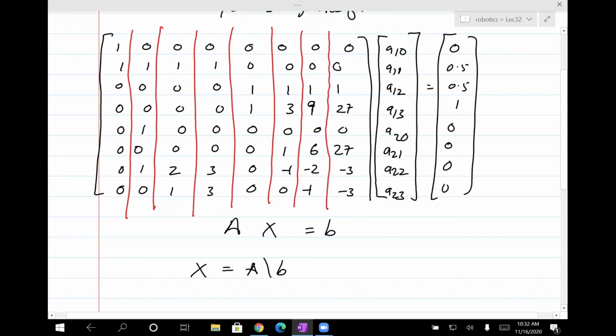Now, when I wrote down these equations, one thing to remember is when you do it yourself, you might see that your A matrix looks a little different from my A matrix depending on how you arrange the equations. So if you, for example, switch equations 1 and 2, you'll see that these rows will get swapped.